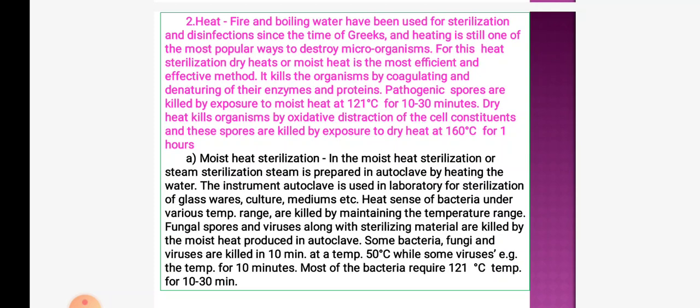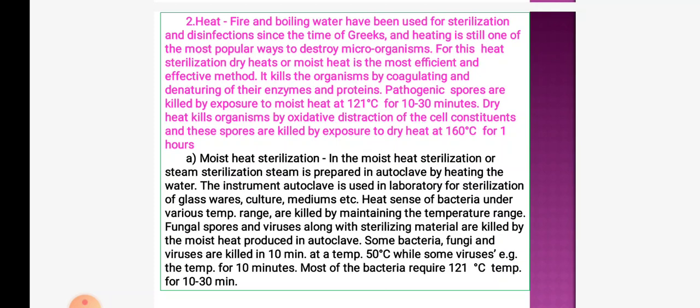Pathogenic spores are killed by exposure to moist heat at 121 degrees centigrade for 10 to 30 minutes. Dry heat kills organisms by oxidative destruction of cells, and spores are killed by exposure to dry heat at 160 degrees centigrade for 1 hour.